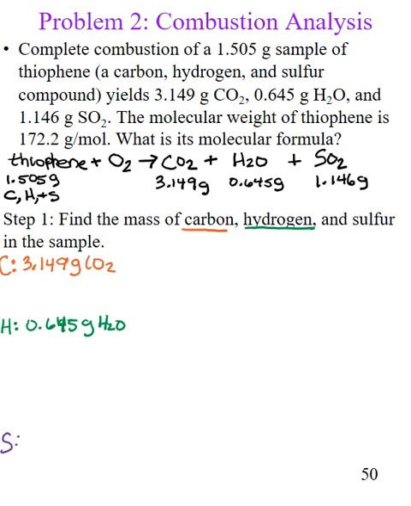Where's sulfur coming from? It's coming from sulfur dioxide. But this again is purely sulfur dioxide. You need to figure out the mass of just sulfur. How much sulfur is in that amount? Okay, so that is the first thing that you're going to do. Once you do that, go on to the next slide.